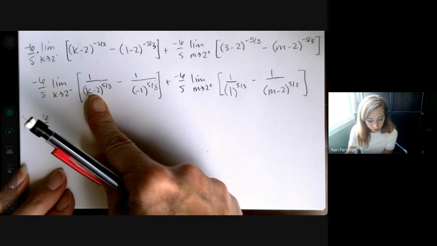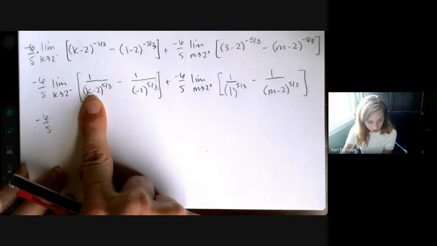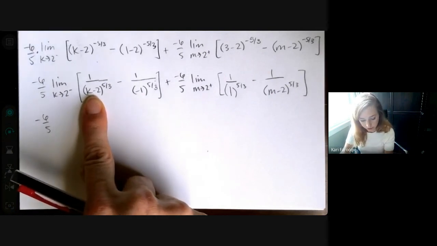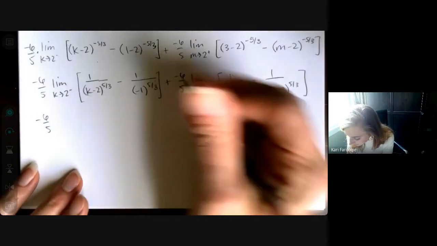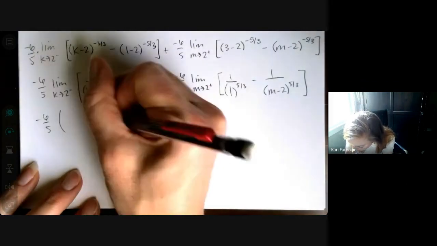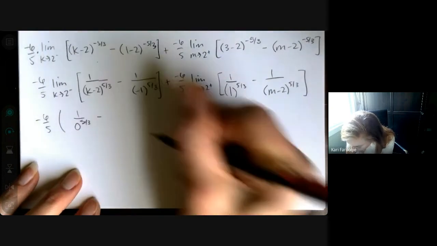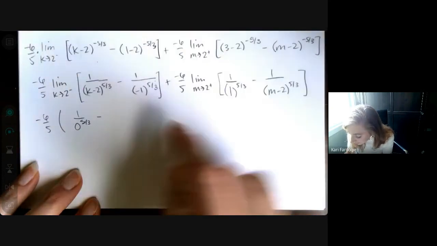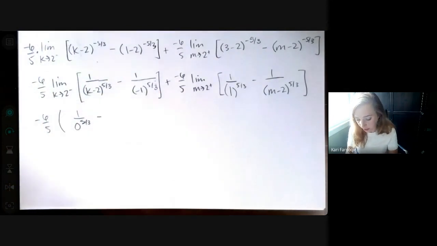So be careful here, because as you are approaching 2 from the left, you need to consider whether or not you're dealing with positive or negative infinity. So we're looking here at 1 over 0 to the 5/3 minus, and then negative 1 to the 5/3 is still going to be negative.